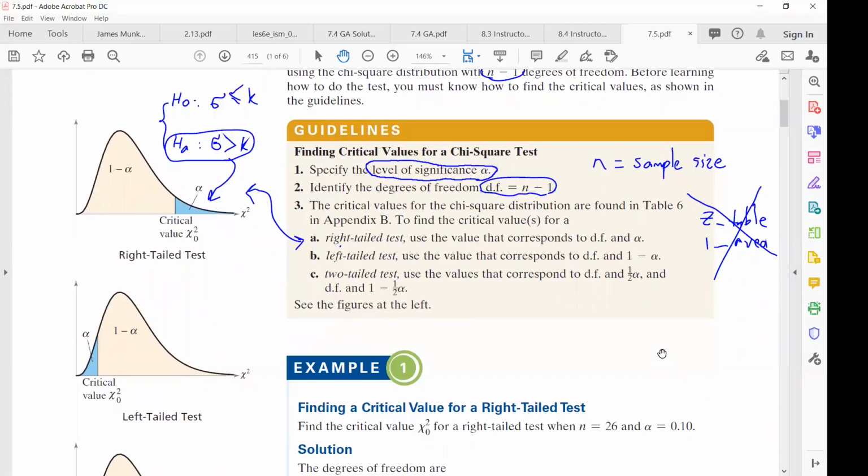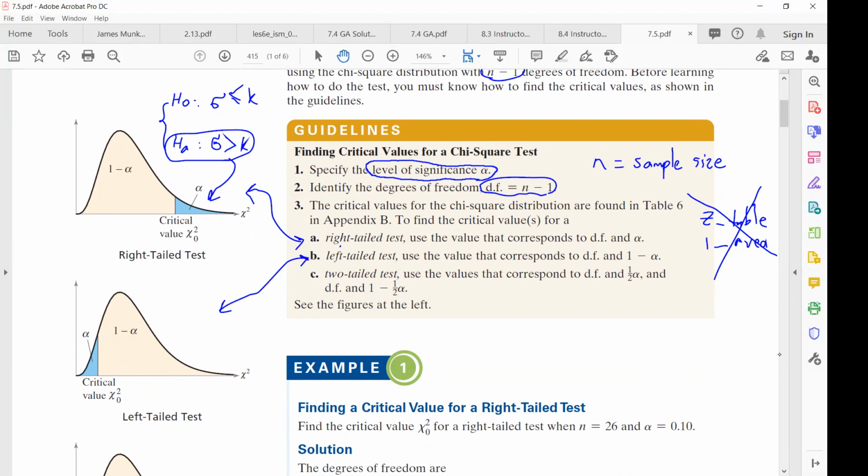But if you have a left-tailed test, if your rejection region is on the left-hand side, you have to do a little bit of algebra. Before finding the critical value using the chi-square table, you have to subtract alpha from 1.